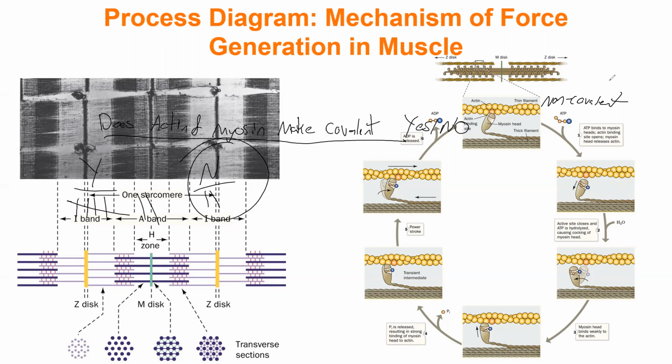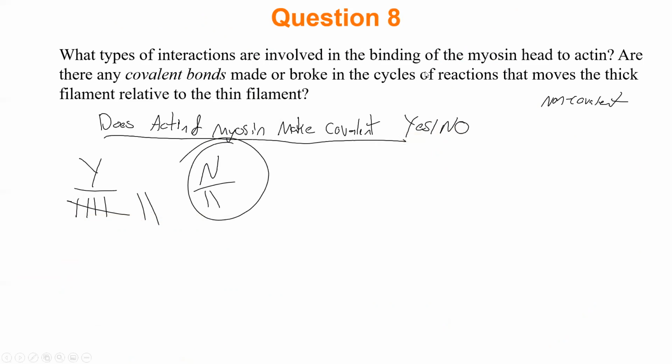All of these interactions that we're talking about when different proteins, even when it came to hemoglobin, the different subunits, they don't make covalent bonds with each other. It's all non-covalent interactions. And that's what we're looking at here. So it's all non-covalent. So that's the first question I have.